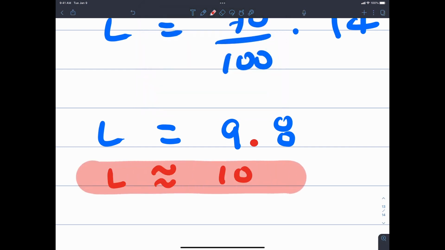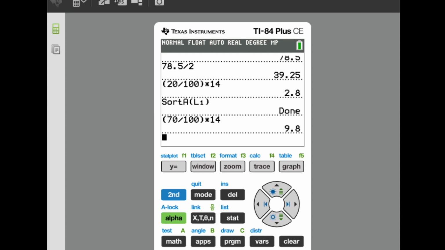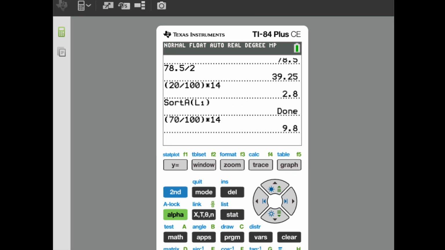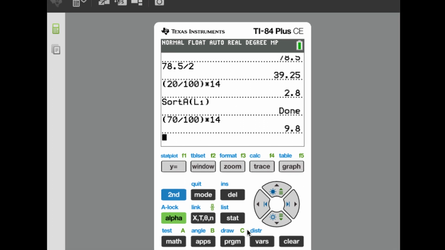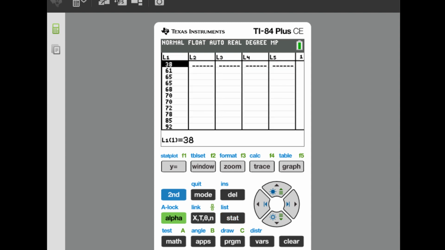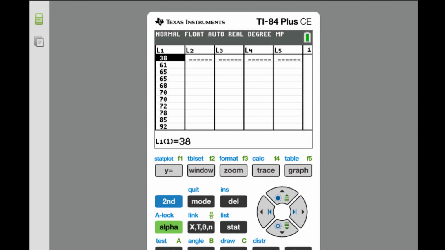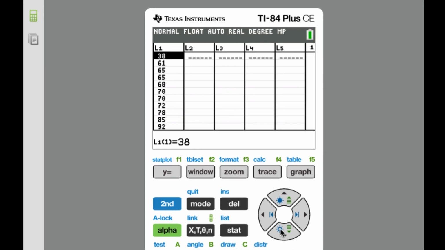Outstanding, ladies and gentlemen. Did I already sort my data? I did, didn't I? What do I have to do? Go to Stat, Edit. And what do I scroll down now to? Number 10. Is that right?